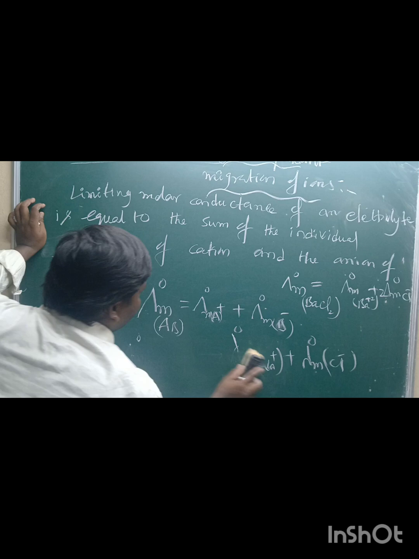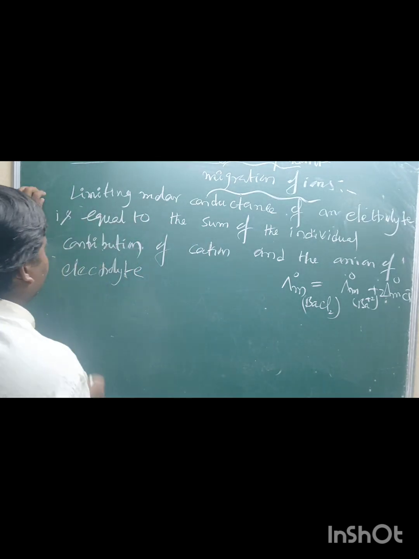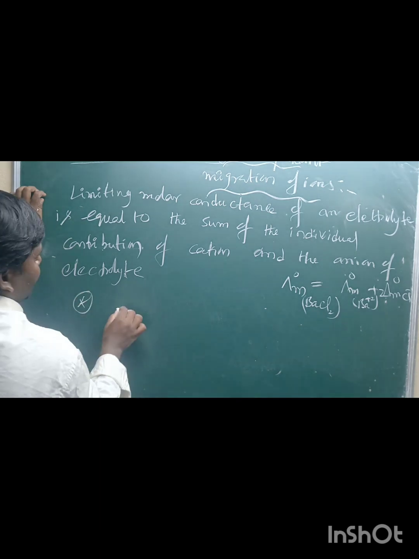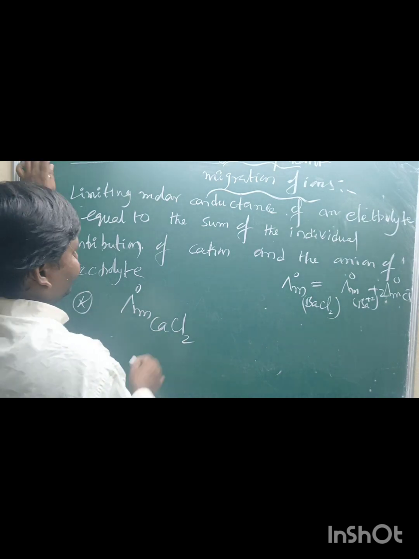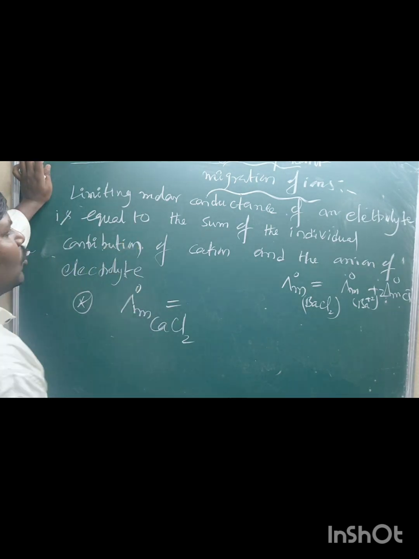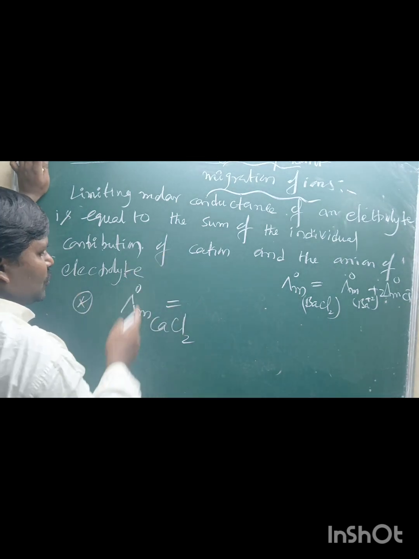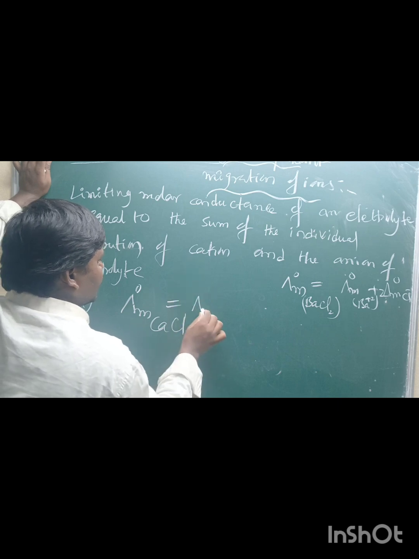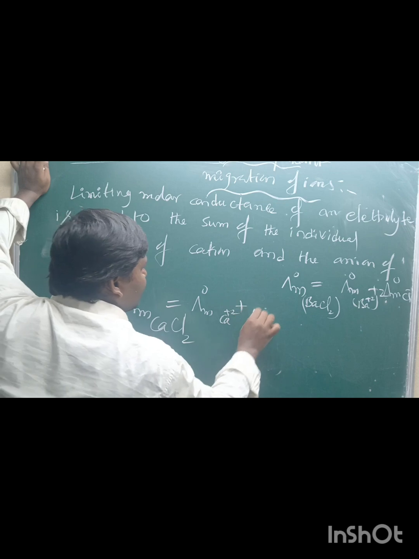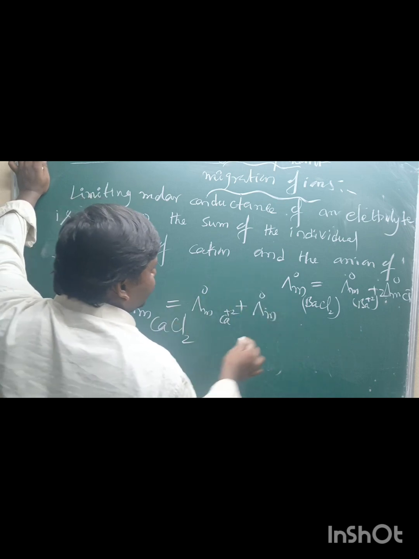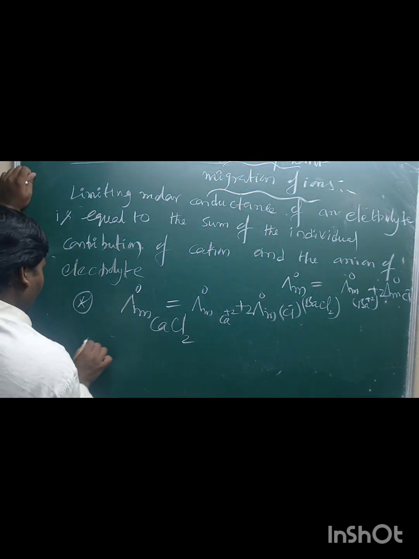For example, with calcium chloride, the limiting molar conductance is the sum of individual contributions of cation and anion: lambda m naught Ca plus 2, one cation, plus 2 lambda m naught Cl minus, since there are 2 Cl's.